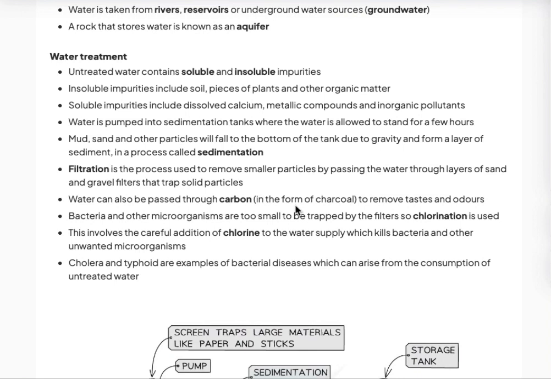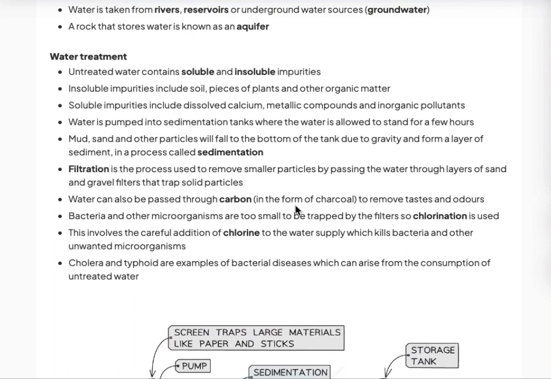Now, water is also passed through carbon, in the form of charcoal, to remove the taste and the odors. We don't want taste because water is tasteless, colorless, and odorless.